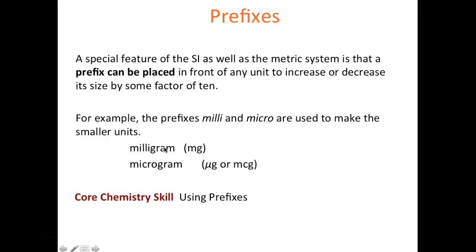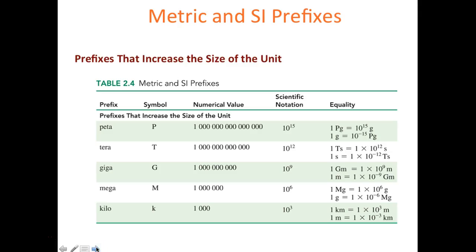It makes it easy to do these conversions because everything is in units of 10, as I explained. Between the kilo and the mega, there's a numeric difference of 1,000. So 1,000 kilograms or 1,000 kilometers is the megagram or megameter.